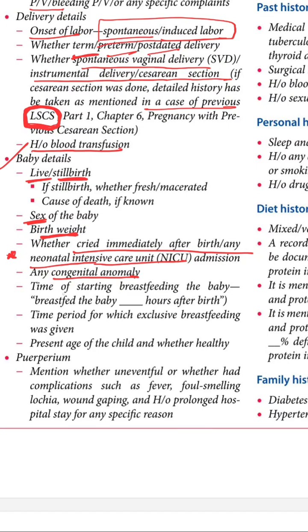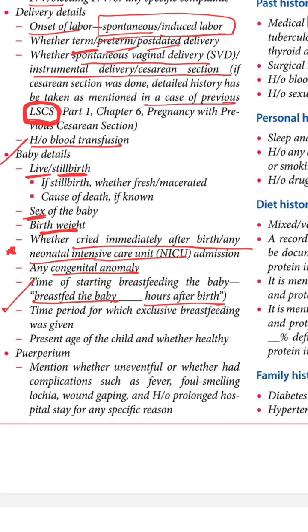So time of starting breastfeeding, the baby was breastfed for how many hours after birth. What was the time of starting of breastfeeding of the baby? Present age of the child and whether healthy.